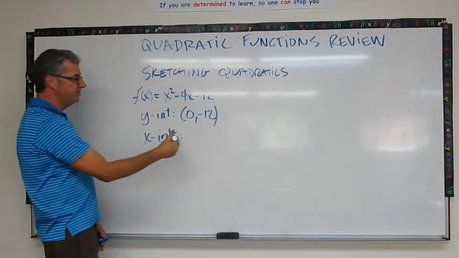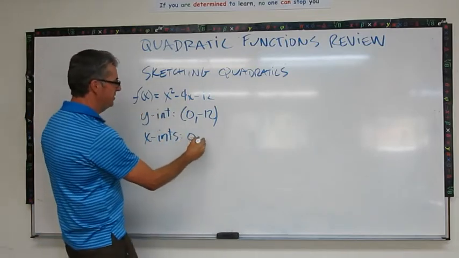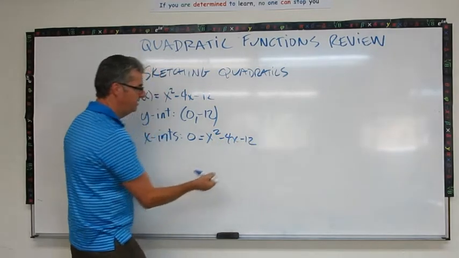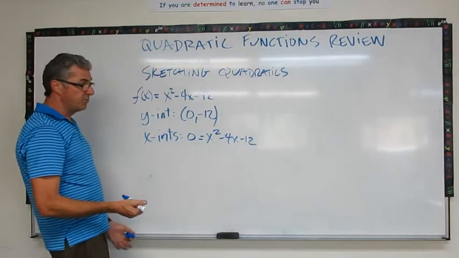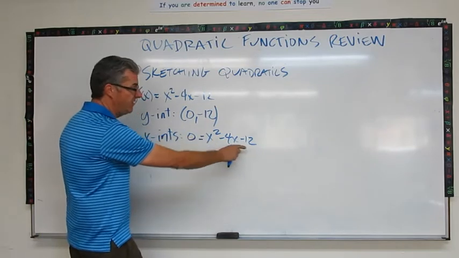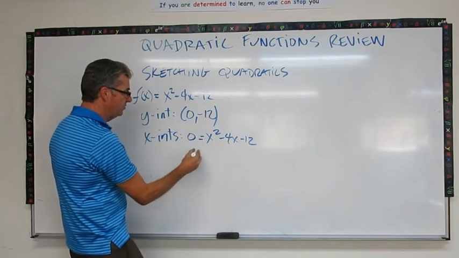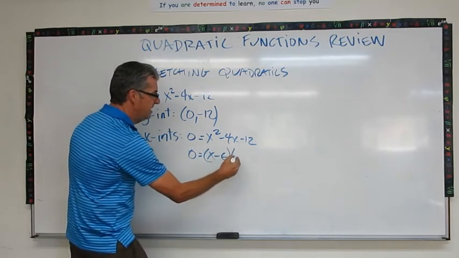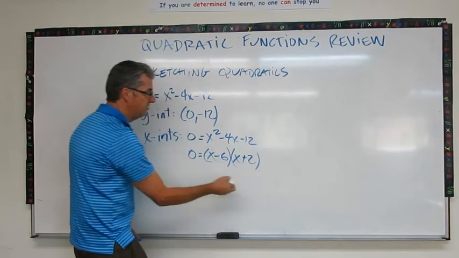Set the equation equal to 0 and solve. So 0 equals x squared minus 4x minus 12. So this is a straightforward product-sum factor. 2 numbers that multiply to negative 12, that add to negative 4. Those would be x minus 6 times x plus 2.